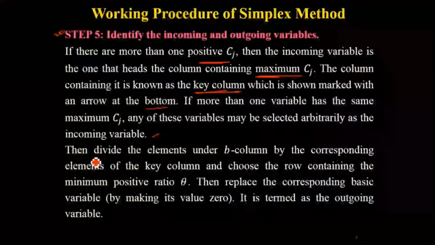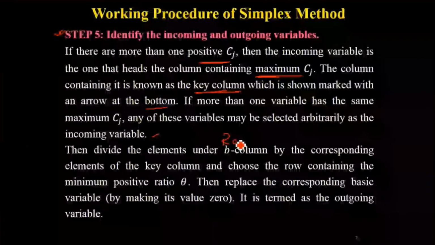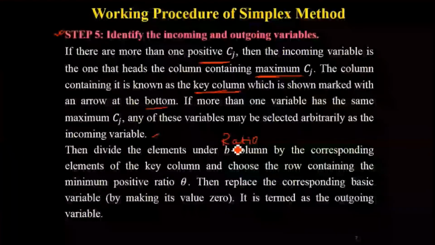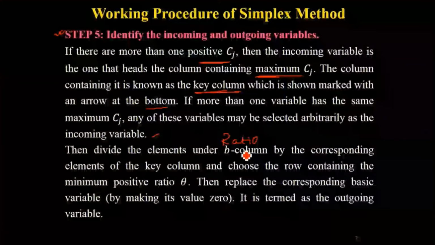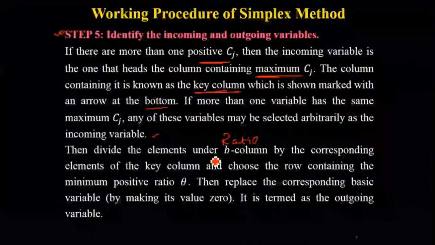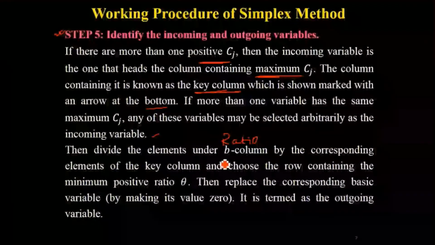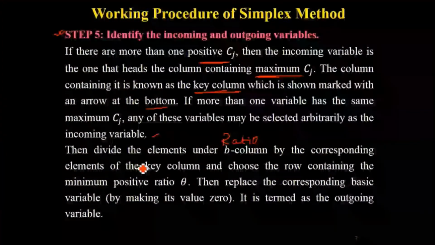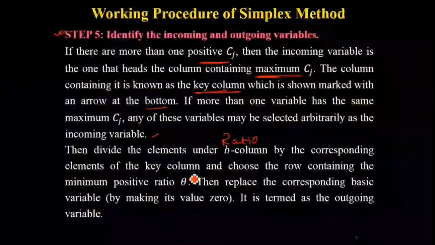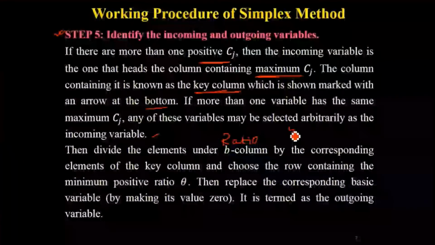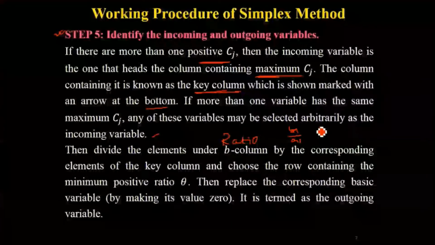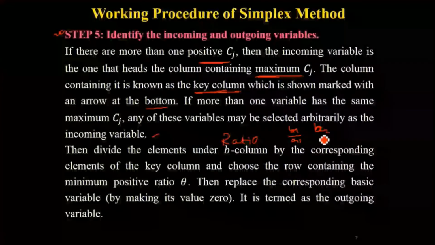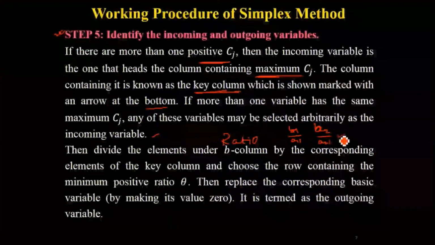Next we have to find the ratio. Just remember, in the previous lectures we discussed ratios, and those concepts are useful here. We divide the elements under the B column by the corresponding elements of the key column, that is, B1 by A11, then B2 by A21, and so on.